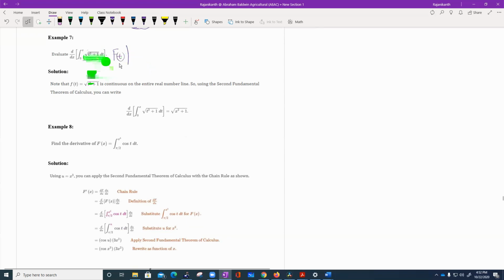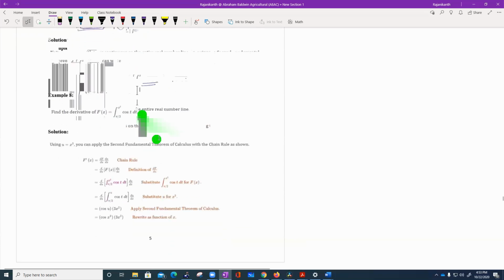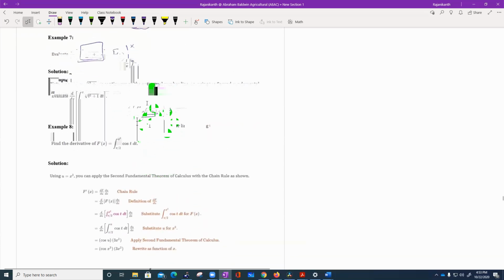Then you will plug in the limits 0 and x. After plugging in the limit, you will get the ultimate answer in terms of x, because you are plugging in the value x here. Once you take the derivative of that, you get the inside function, but with t replaced by x. That is why you have this. The same answer, copy it down here, but switching the variable t to x. Okay, so this could be done only for a continuous function, yes.